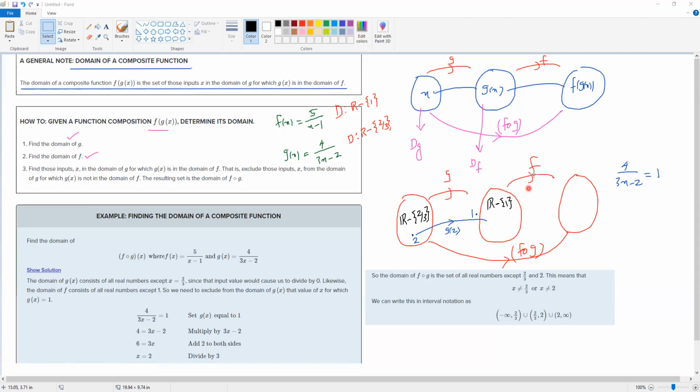No, because the domain of f is the set of all real numbers other than 1. So where is 1? Here. So 1 is there, but 1 is not a member of the domain of f. So 1 is not in the domain of f, so we cannot find the image of 1 under f.